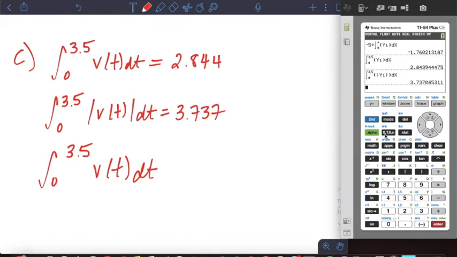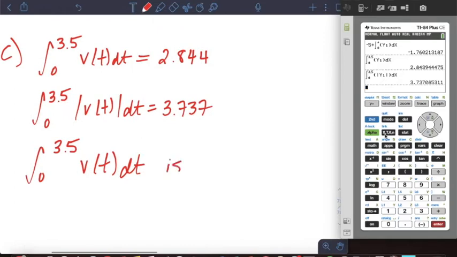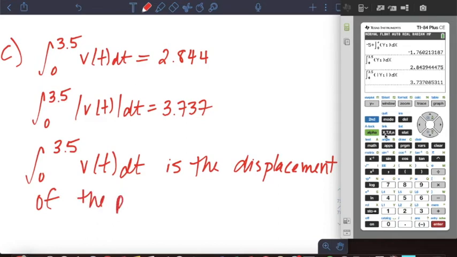Now I may have moved more than that. I may have gone 3 forward and then a little bit backwards, but this was my displacement. It's the displacement of the particle from t equals 0 to t equals 3.5.